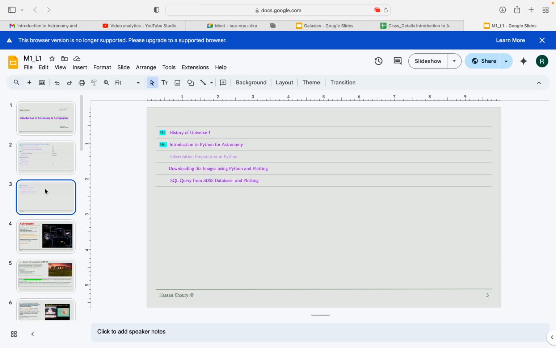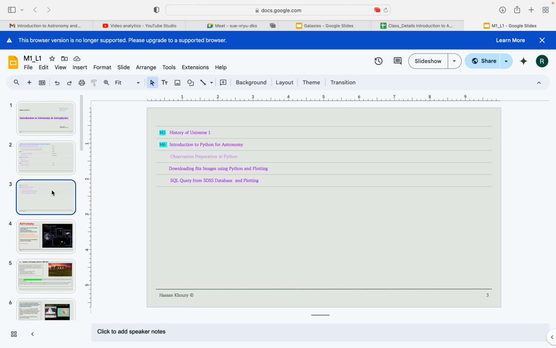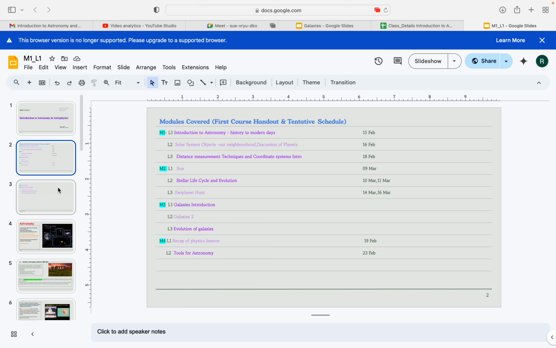From the weekend classes, or from this week, we will introduce Python, and some topics in this galaxies lecture will also have an introduction with the Python theme. And in the penultimate lecture maybe we will discuss the history of the universe, and this will be a short overview or outline of the course till now and what we will be discussing in future.